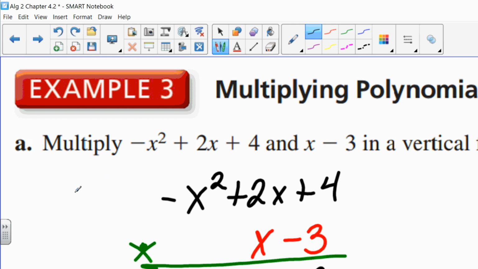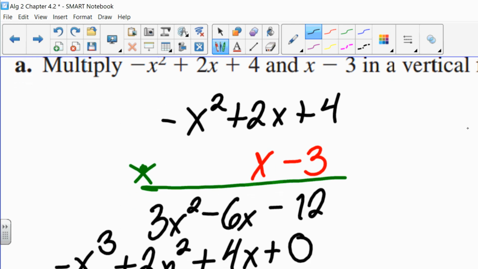And since it is positive, we'll go on and put a plus, because I do know that there's another term after it, because we still have one more multiplication to do. x times negative x squared is negative x cubed. And last but not least, we're going to add all of our like terms together.